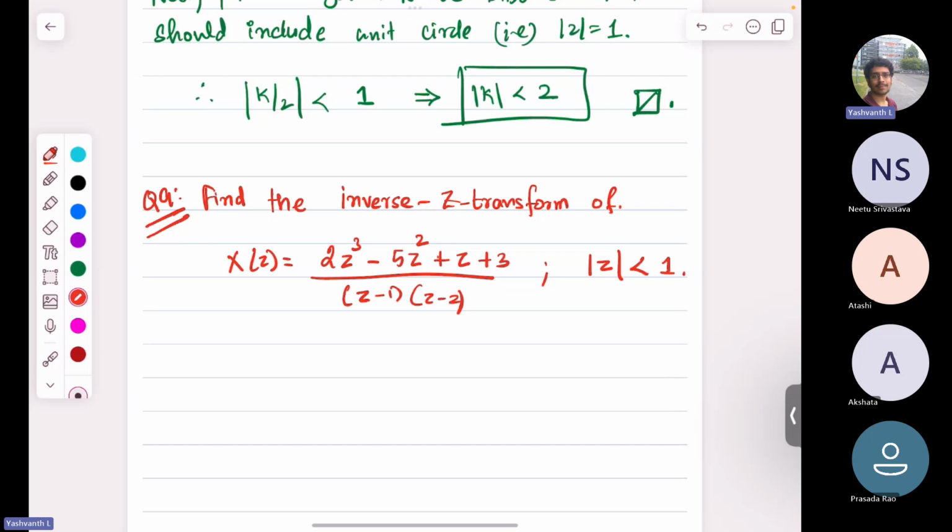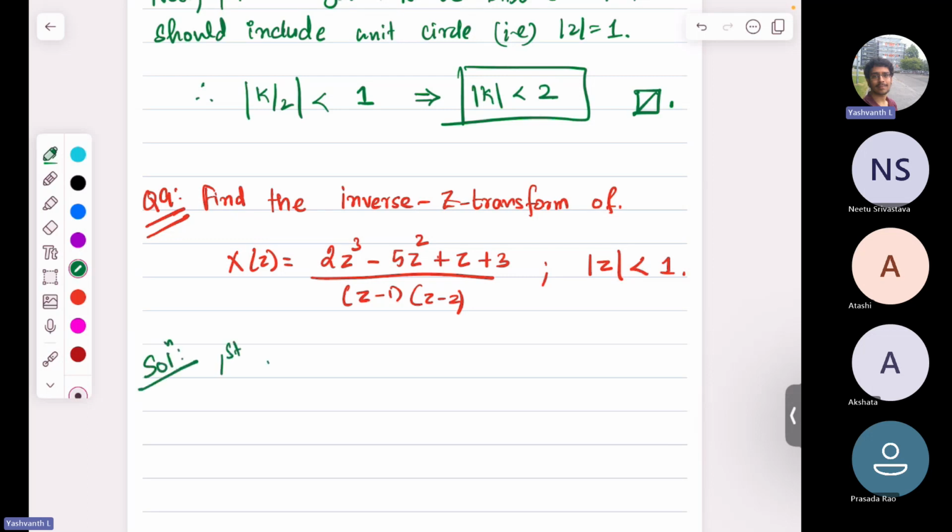The way we will go about it is using the partial fraction method. For partial fraction, what is necessary is that it should be a proper rational function, but your X of z is an improper rational function, right? Because the degree of your numerator is 3, but the degree of your denominator is 2. That means first I should make it a proper rational function.